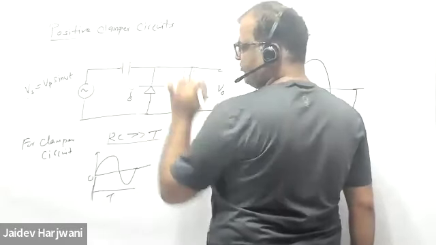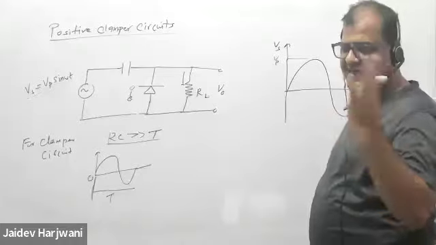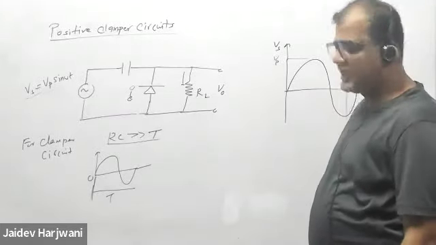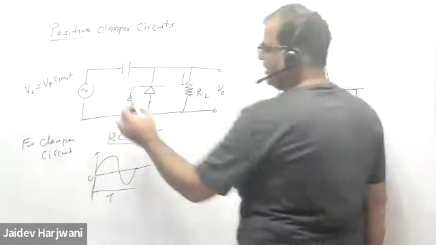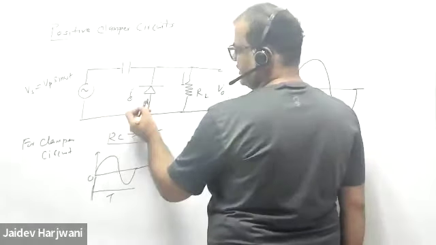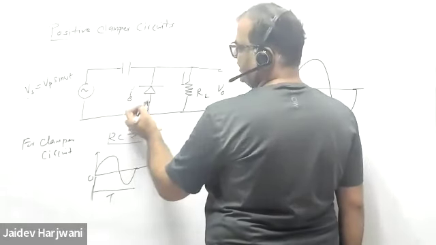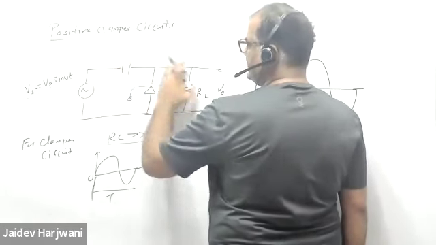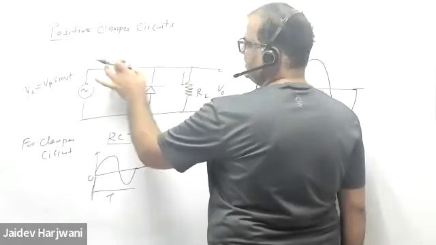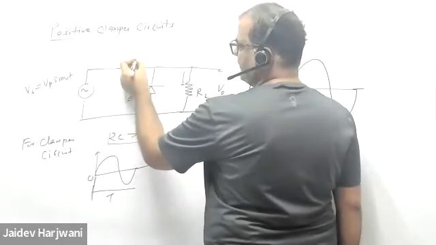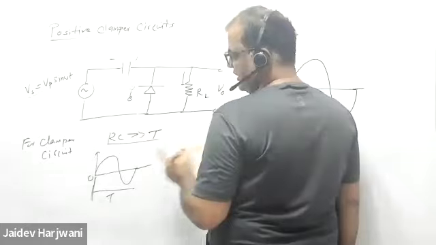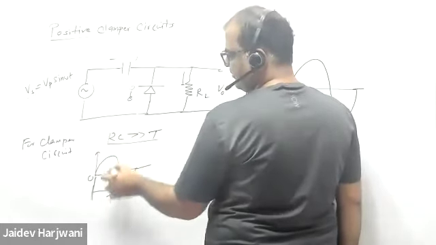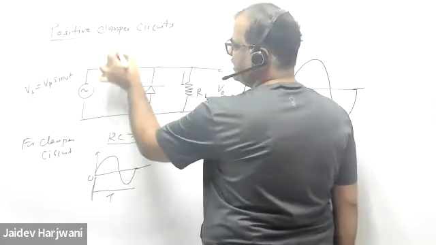So always first you have to see in the circuit in which direction the capacitor is charging. Capacitor will always charge in the diode direction current, because in this case only it will fully charge. Otherwise, all the voltage will develop here and it will not be able to charge. So capacitor will charge up to the peak value.